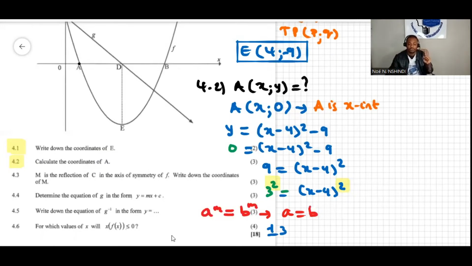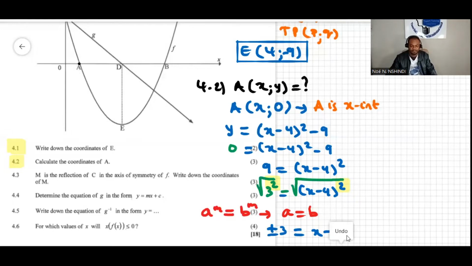Careful, when you have an equation like this, always use plus minus. Plus minus 3 equal to x minus 4. In other words, we introduce a square root on both sides.